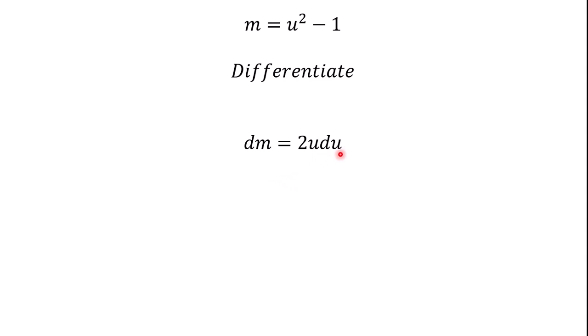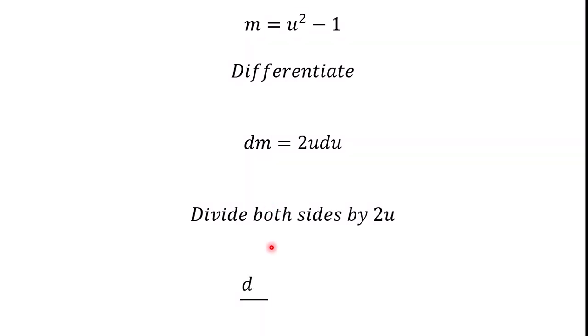Here, we are going to divide both sides by 2u just to get du. Now this one will cancel out with this one and be left with du. So this will give us du is equal to dm over 2u.